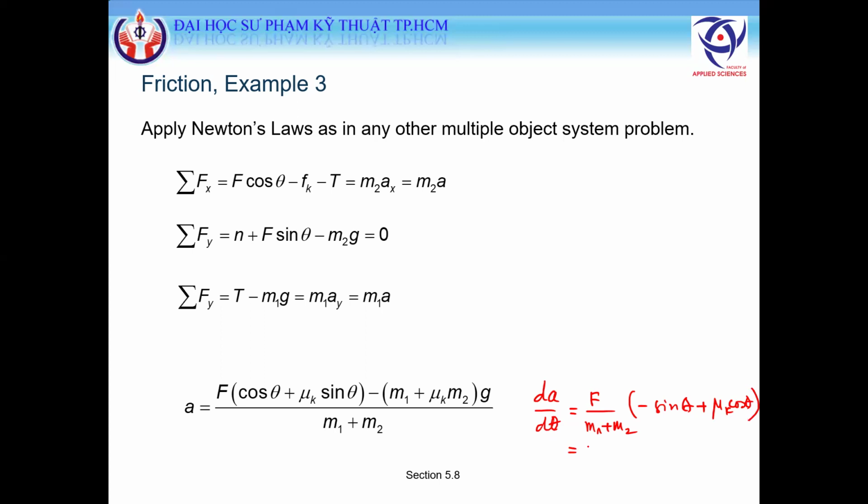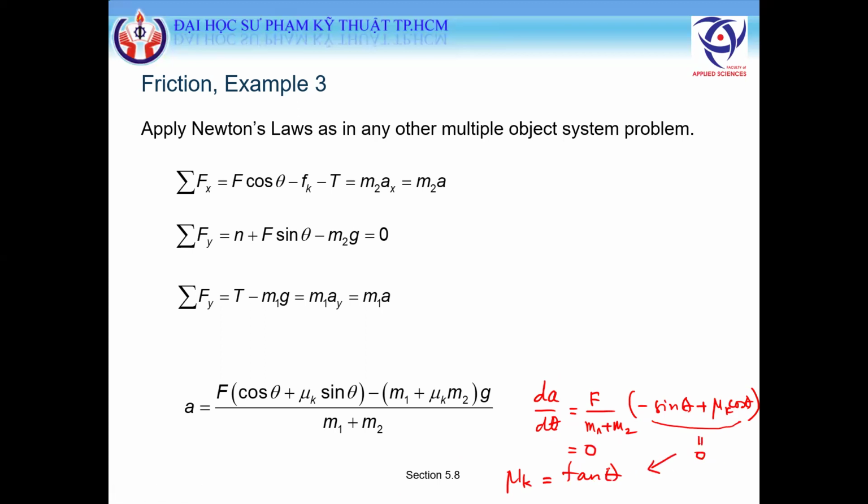Then if I put the value of this expression to 0, I will get mu k equal to tangent of theta, or tangent of theta equal to mu k. If you put it to 0, you get this value.